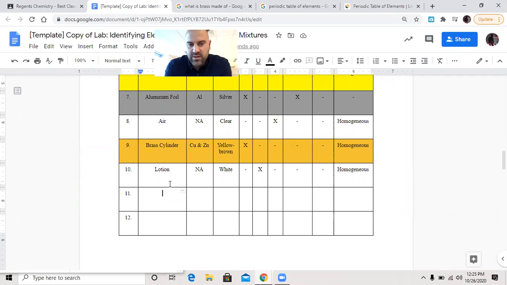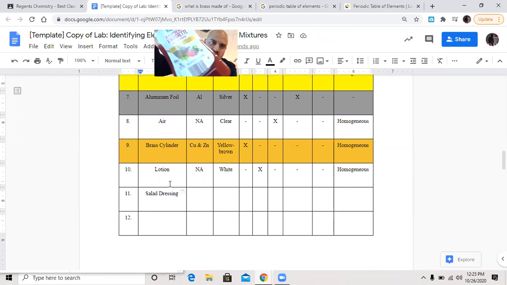All right, so this is going to be dressing, salad dressing. Jelly. Looks like jelly, I guess. It's a little bit thinner than jelly, but it's dressing.